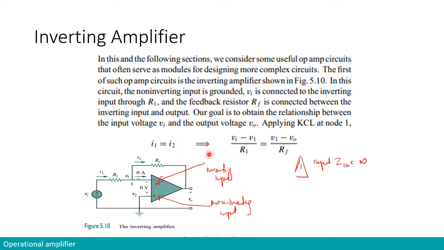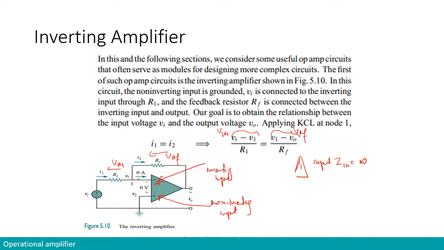And as for I2, it is the current that goes across RF. By Ohm's law again, there will be a voltage across RF, and the current I2 will equal the voltage across RF, of course in the opposite direction of the current. Previously we had VR1, and now we have VRF.